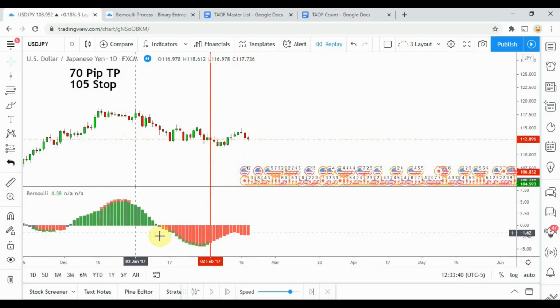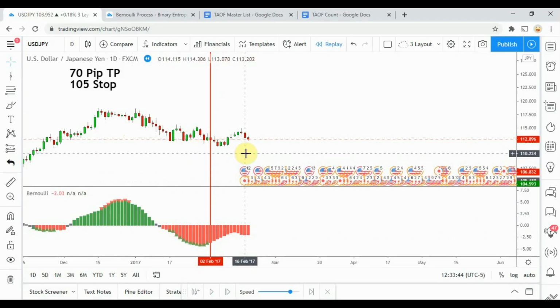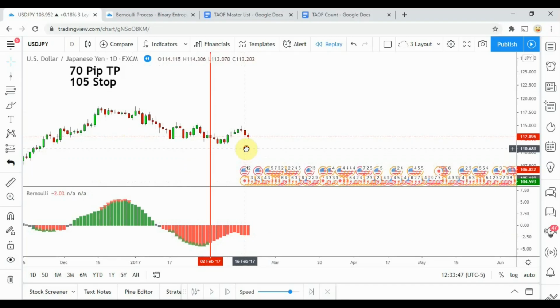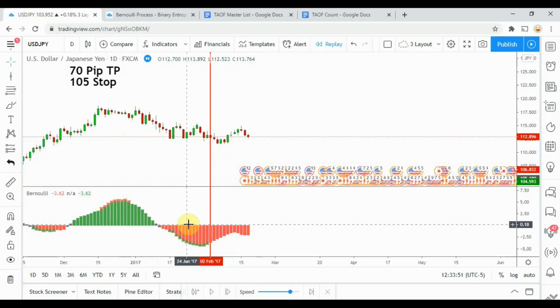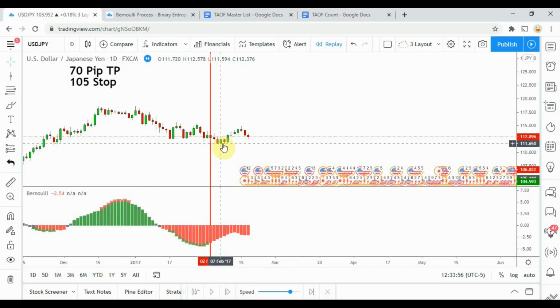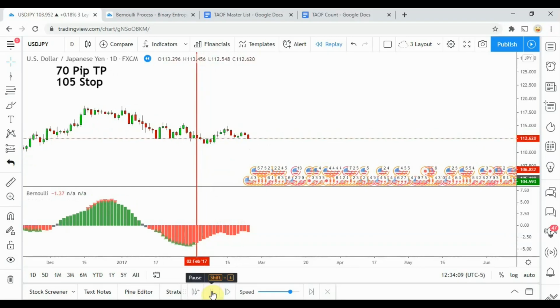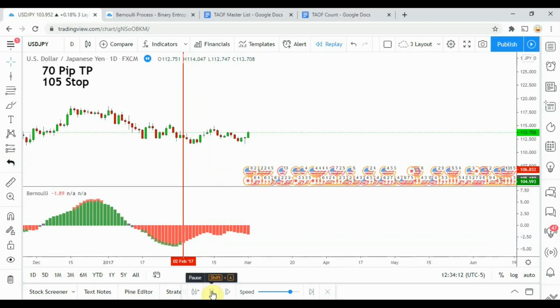But again, we tried to test all the indicators as standalone without adding in other indicators, because then it waters down the results of the one indicator working on its own. But this is a good example. You can see that timing was just ever so slightly off. We could have possibly got in at a little bit better time, waited for this green candle to appear maybe, and then entered, and we would have gotten ourselves to first take profit.